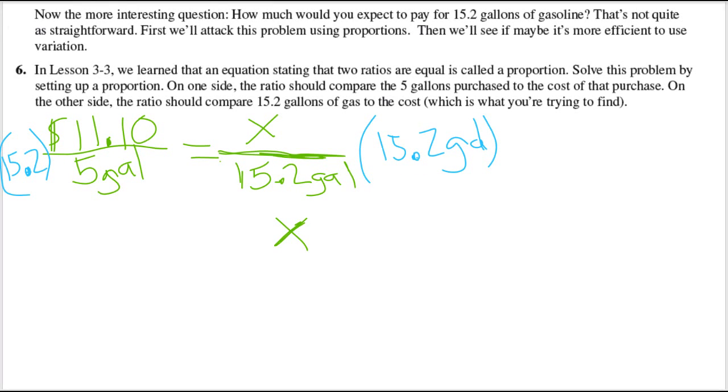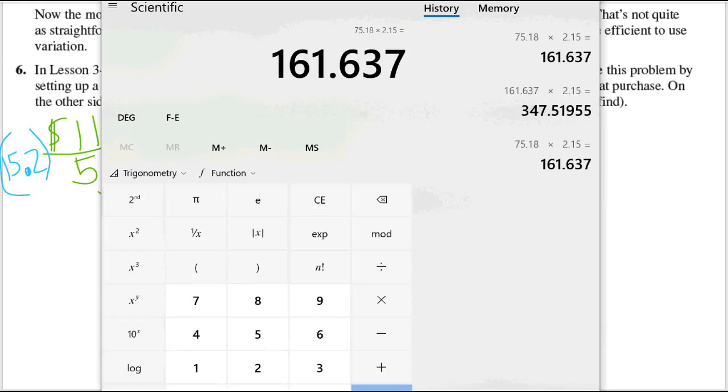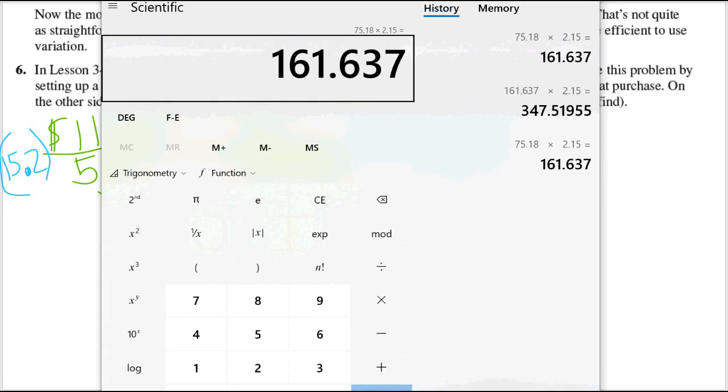It won't be equal anymore unless I multiply the left-hand side by 15.2 also.